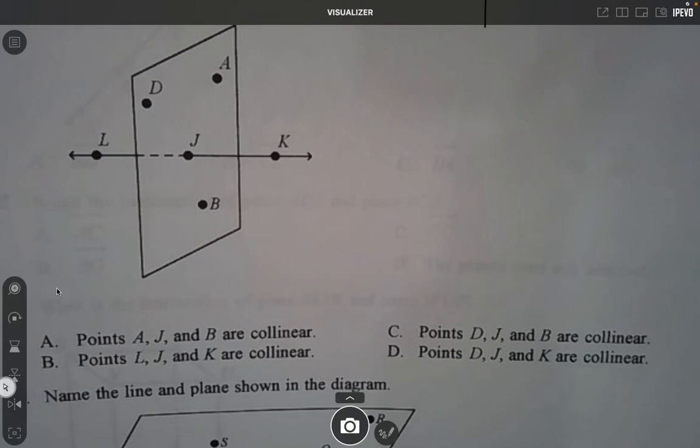It was 24 questions. I don't think I did number 6. I did a supplement, a linear pair, a midpoint.